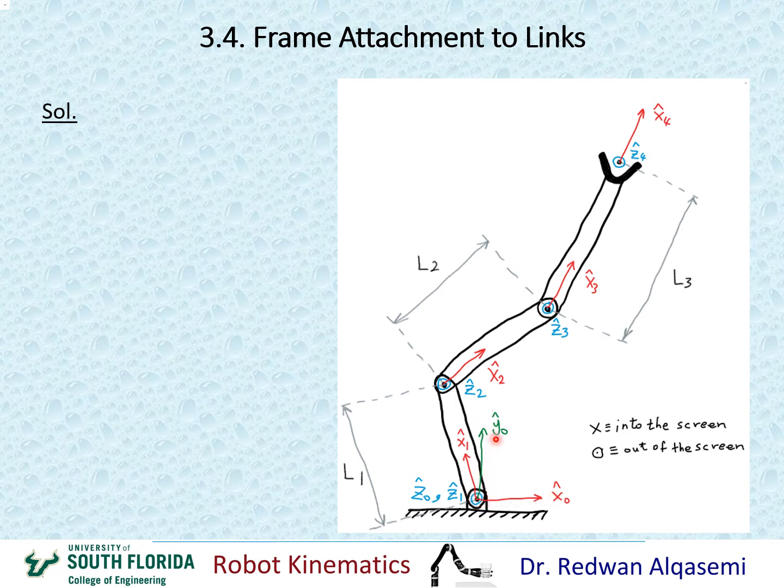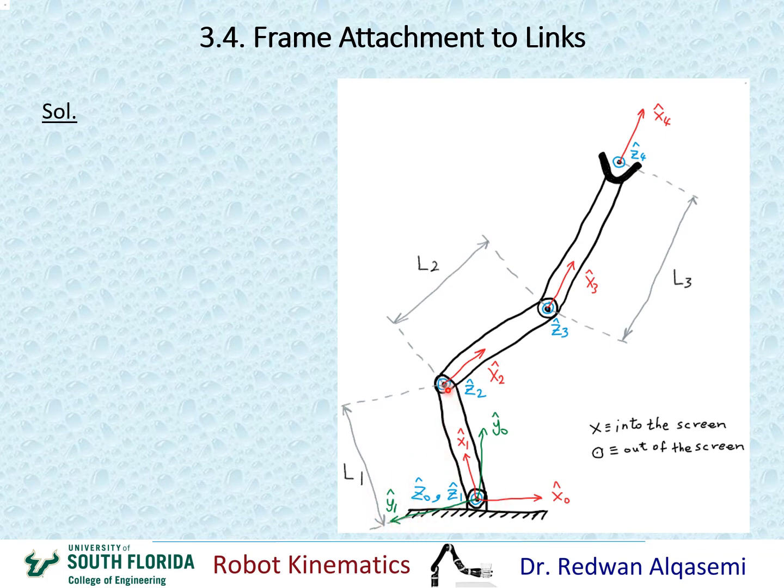Okay, now going on to y1, again I'm going to put my thumb towards z1, which is coming out of the screen, and then my 4 fingers towards x1, and then I'll move my 4 fingers by 90 degrees, and that would give me the direction for y1, which would be this direction right here, along this line where we're looking at L1. Okay, so I plot this, and that would give me the direction for y1.